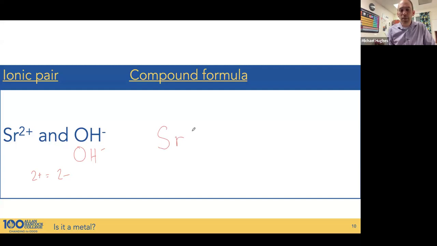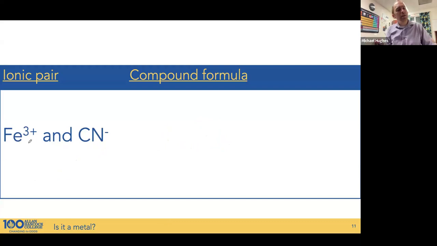So strontium. And because we want both 2 oxygens and 2 hydrogens, 2 hydroxides, we're going to use the parenthesis and put our polyatomic in there. And then say we need 2 1 minus hydroxides to balance out the charge of our 2 plus strontium. So this is our compound's formula.